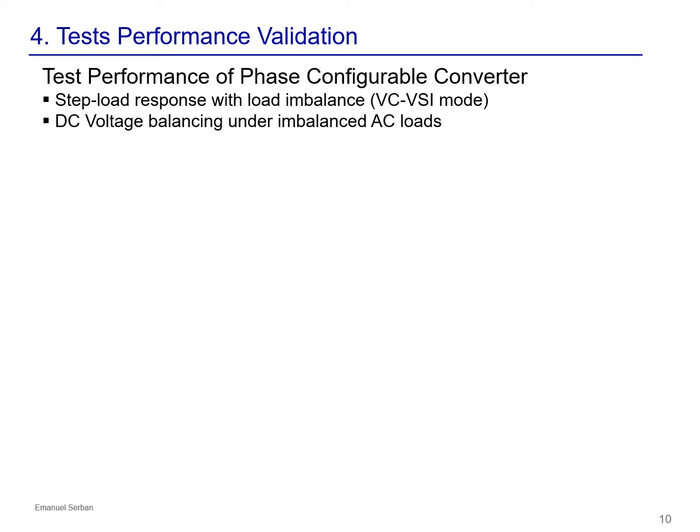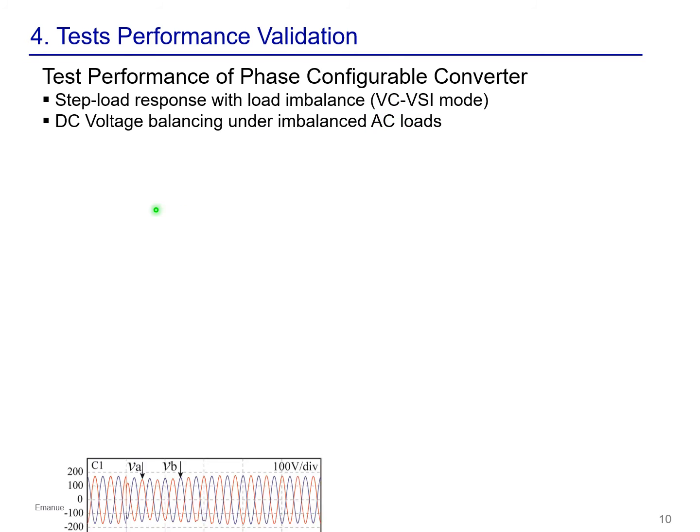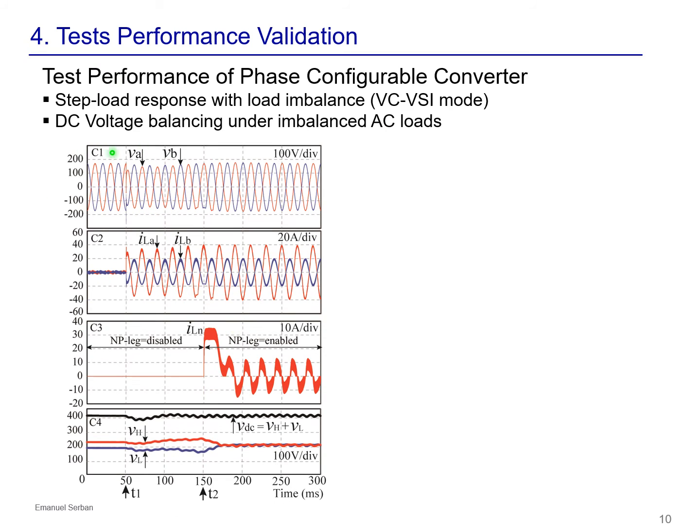Let's analyze the performance of the phase configurable converter in voltage forming mode, or voltage controlled voltage source inverter mode. The first channel of this figure shows the converter AC output voltages VA and VB. The second channel shows the converter phase A and phase B currents.